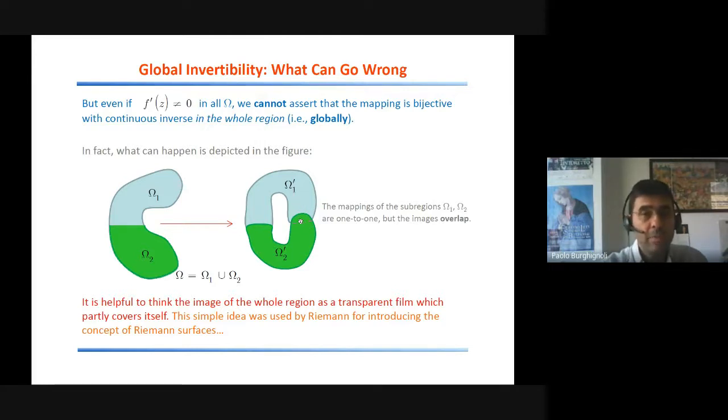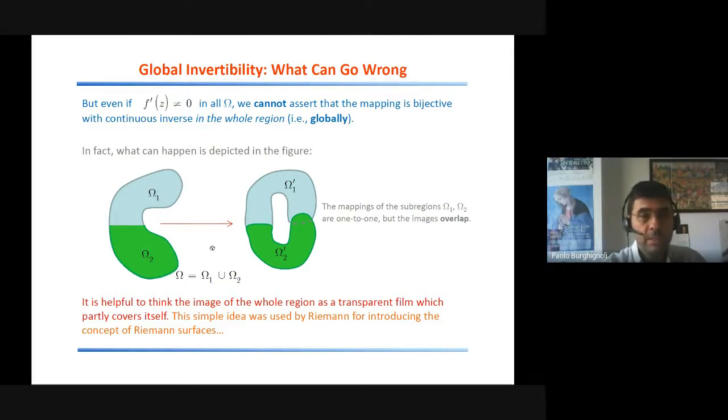And in the overlap region, therefore, it is not possible to go back in only one way to the original points, because in the intersection between omega 1 prime and omega 2 prime, you are, by definition, simultaneously in the two regions. So you can go back either to omega 1 or to omega 2. So there is not a one-to-one inverse map.